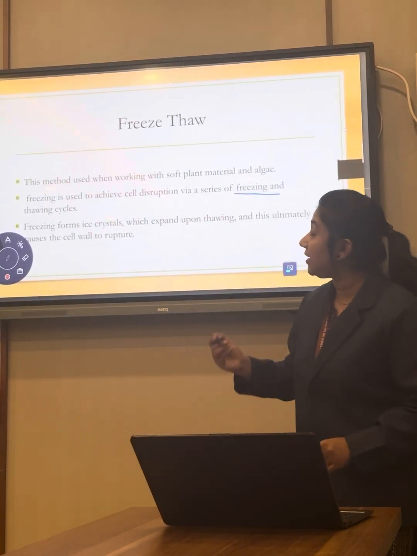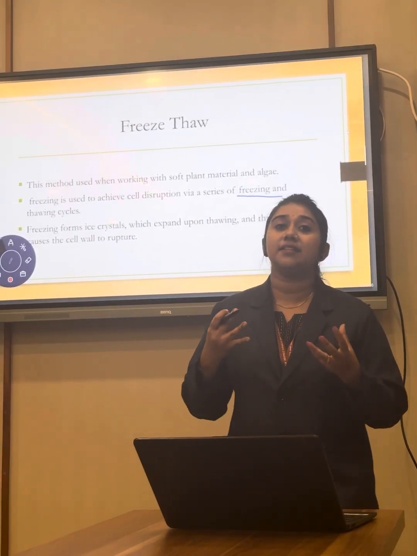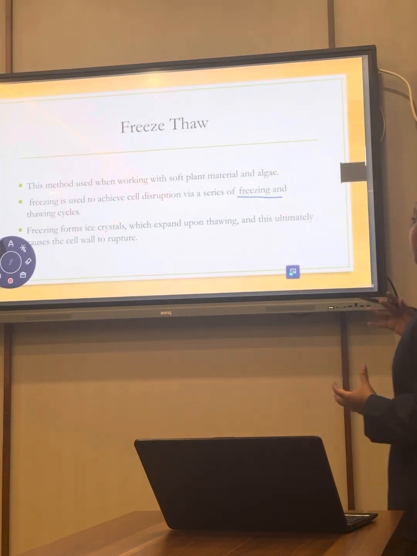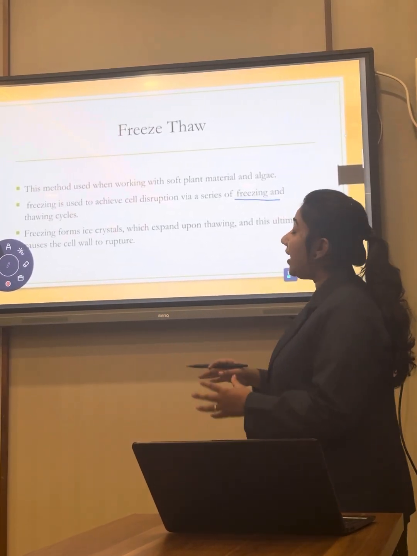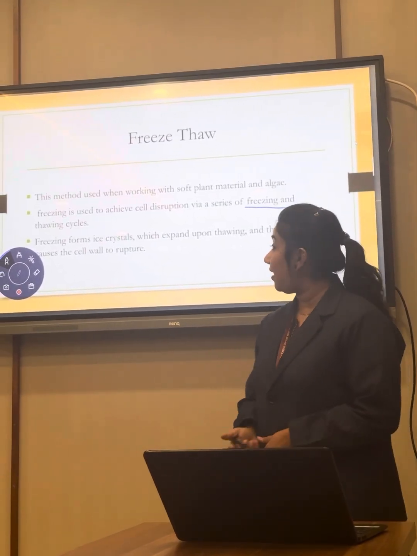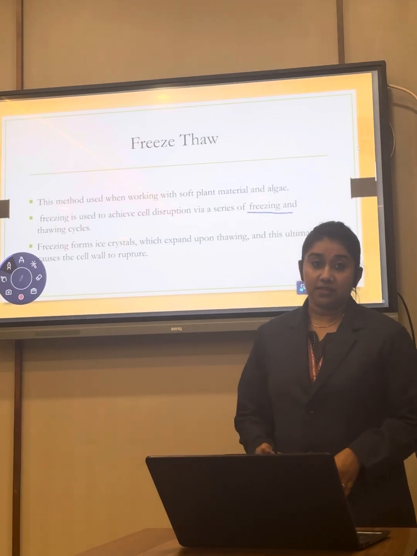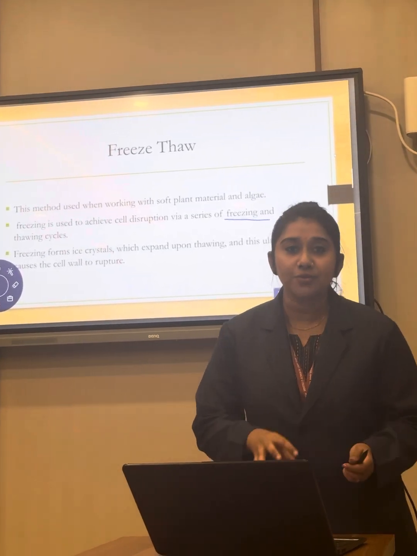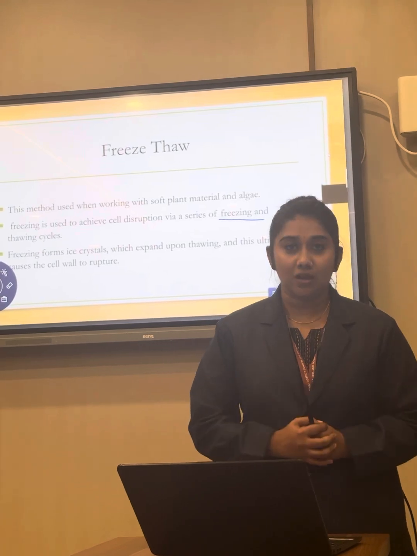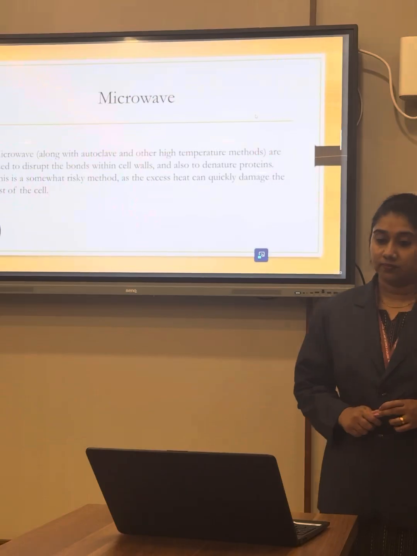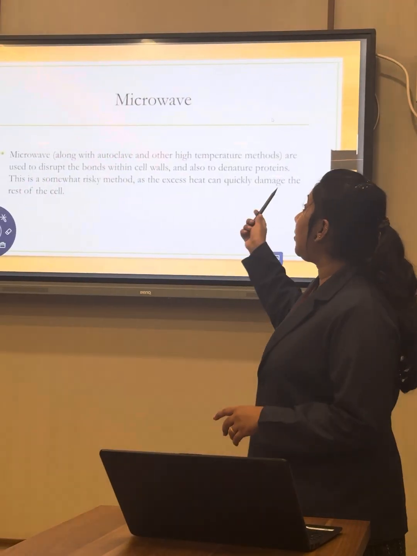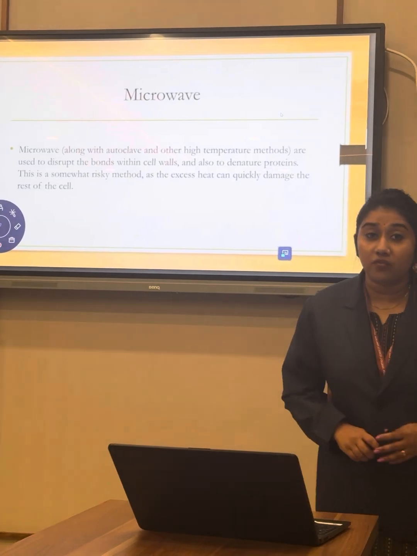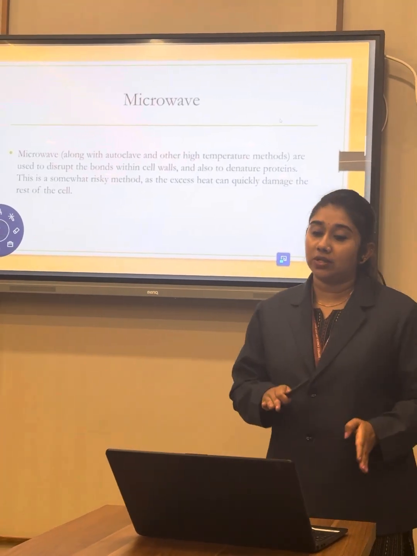Freezing forms ice crystals that expand upon thawing and ultimately cause the cell wall to rupture. So it leads to cell disruption and helps us obtain intracellular proteins or fluids. Next is microwave, which is similar to an autoclave.